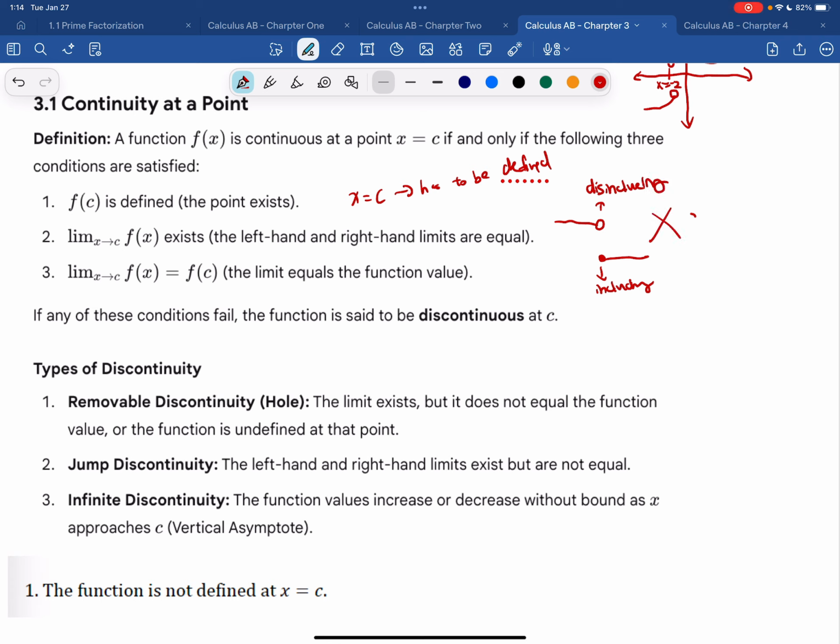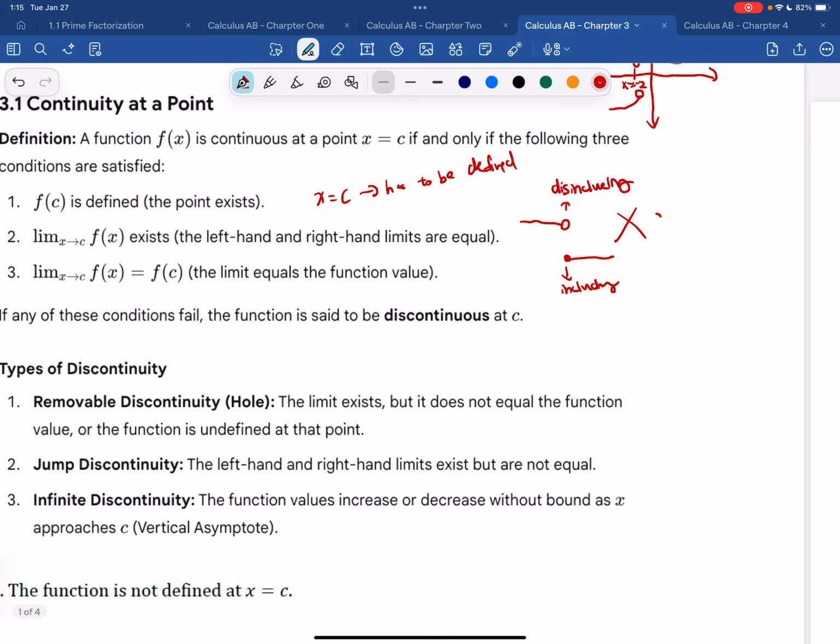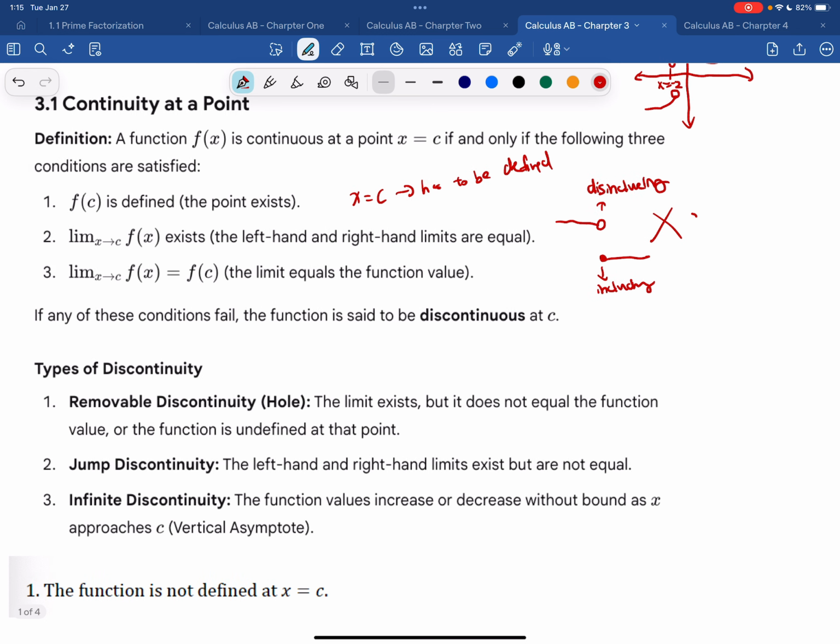So this would also be discontinuous. Both the left-hand and the right-hand limits have to be equal, like something like this, or like this, except this is a limit, and both are equal like that. That's what the second condition is saying.